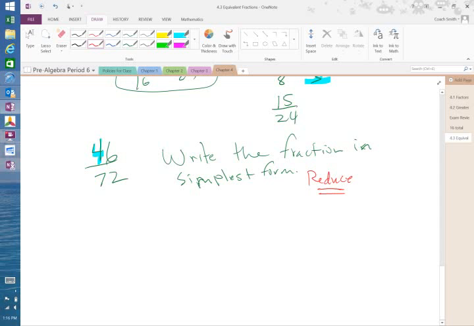That's what it means to write the fraction in simplest form. So I've got to find the greatest common factor between 46 and 72 and reduce the fraction by that GCF.